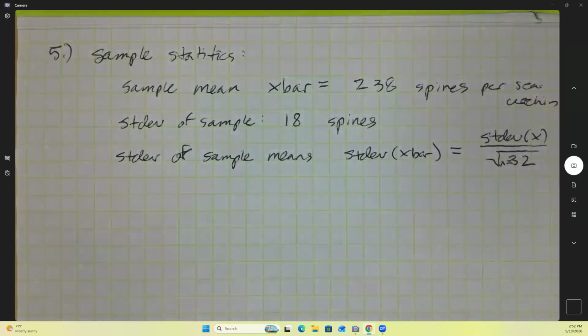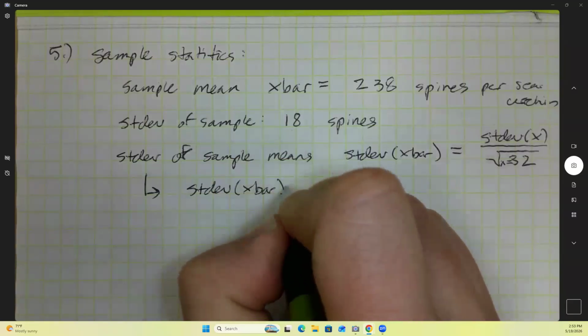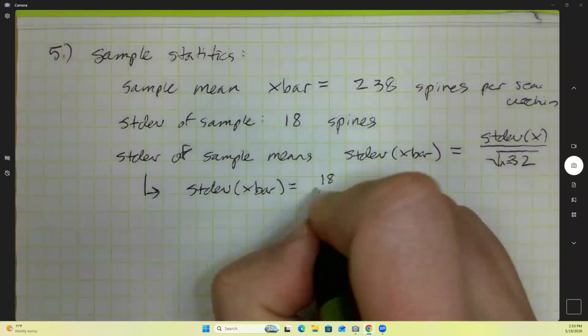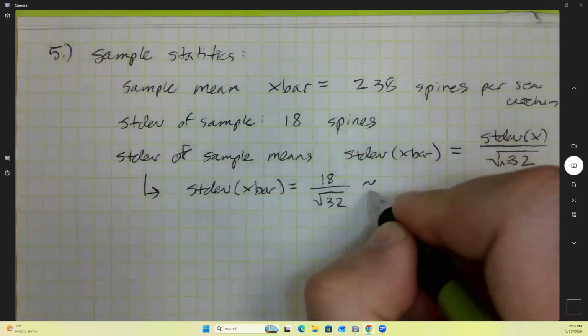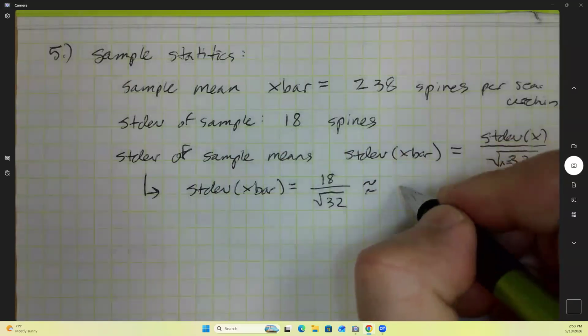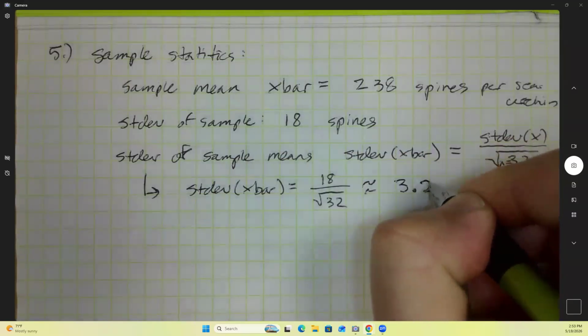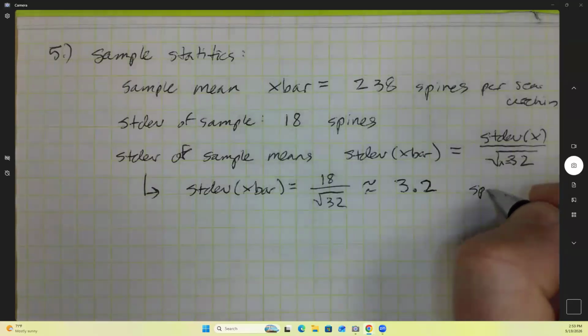N equals 32. So this number here is going to be 18 divided by the square root of 32, which is approximately 3.22. And technically, we still have units on there, spines.